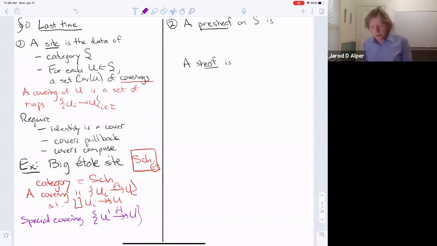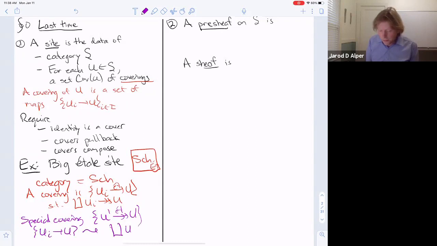The relationship between all coverings and these special coverings is that from a covering U_i to U, you could just take the disjoint union of the U_i to U. So this is a way to reduce arguments to the case of a single surjective étale covering. Okay, so that's a site, and this is our main example.